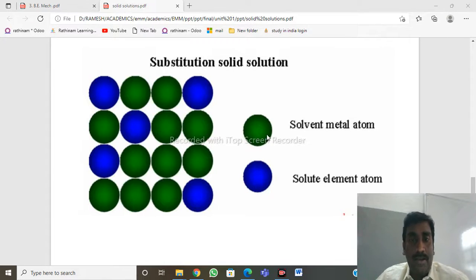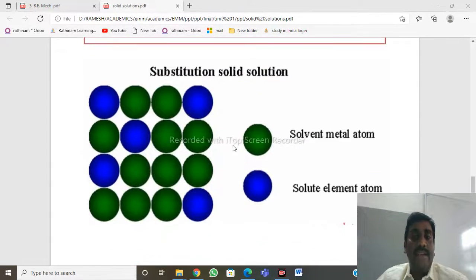Like the green element is gold, and the blue element will be the copper. If you consider that example, the copper element is replacing one gold atom here. One gold atom is replaced here, and it has been replaced by the copper atom. Then it can form the mixture of alloying element.